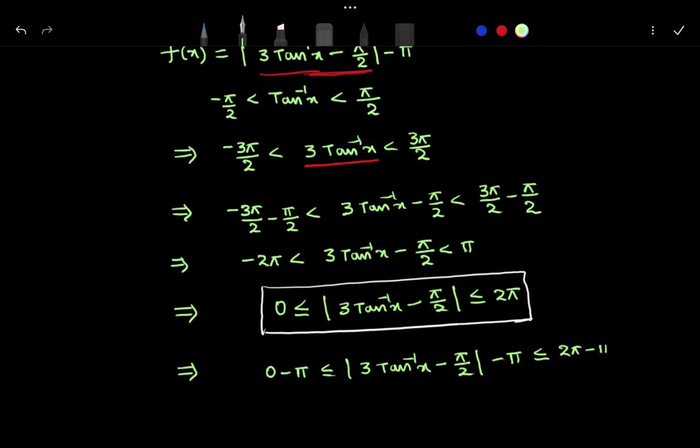That's what I am doing here: I am subtracting pi throughout the interval.